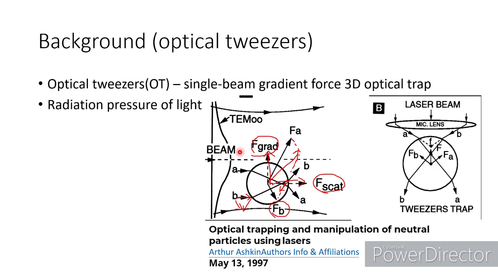If we define this axis as the x-axis, this axis as the y-axis, and this axis as the z-axis, we can define this as the 3D optical trap, and it will always trap the particle at the focal point of the laser beams.